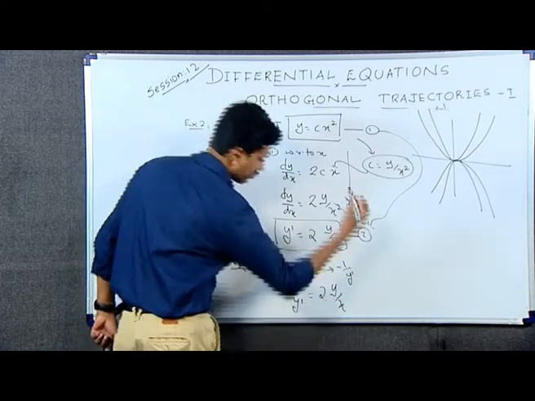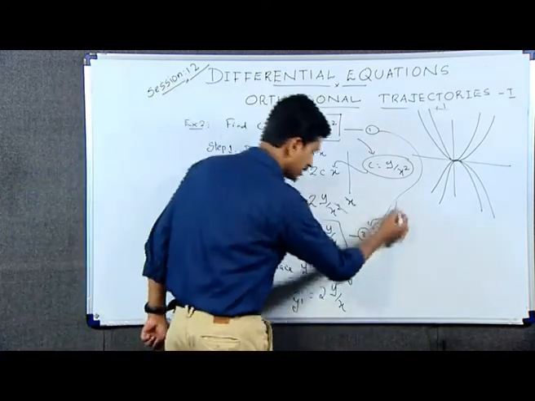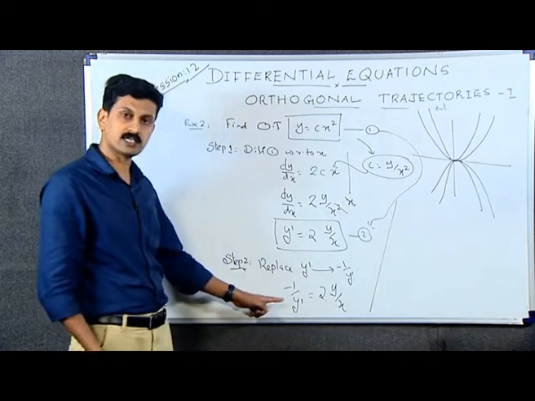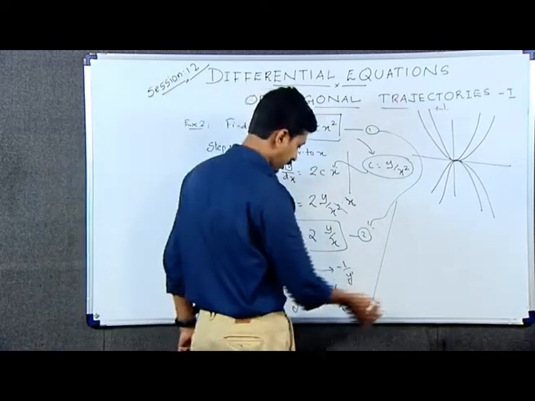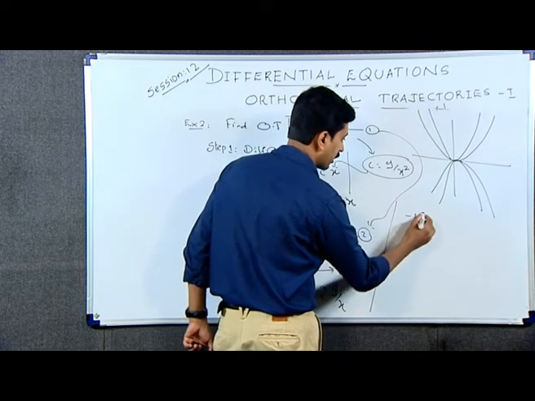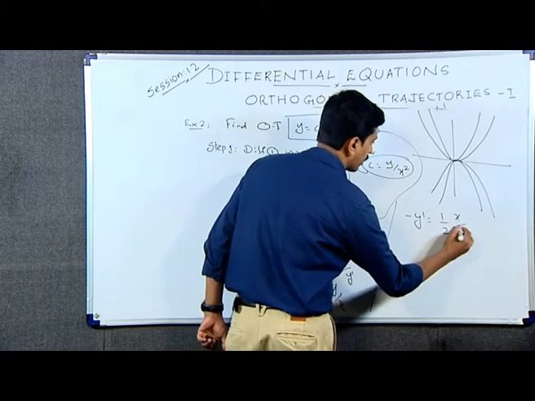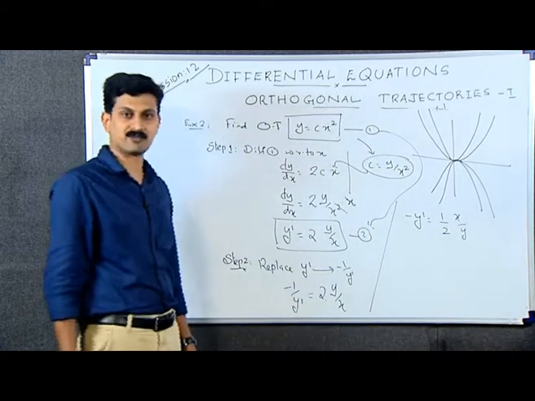There is no change for the right side. We can take the reciprocal on both sides. So, we will have minus y dash is equal to 1 by 2 x by y.